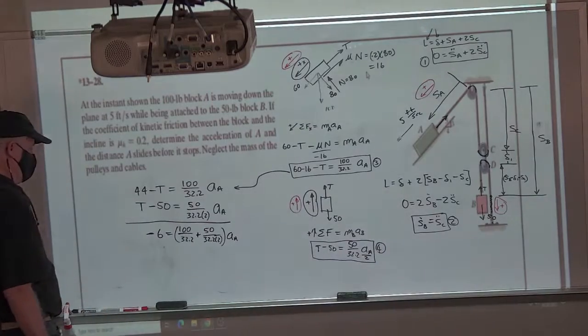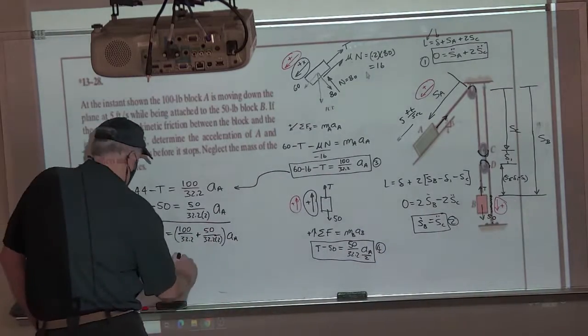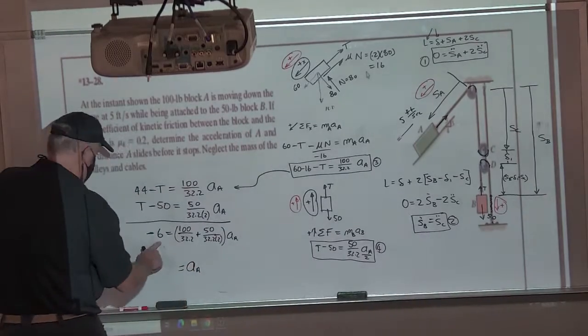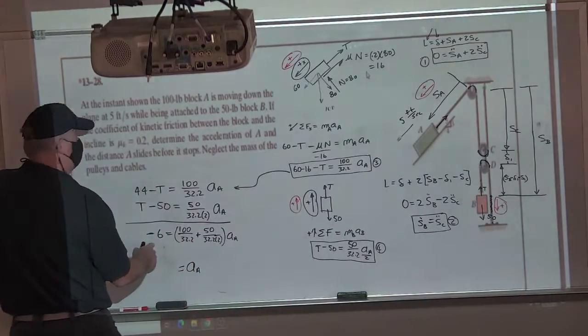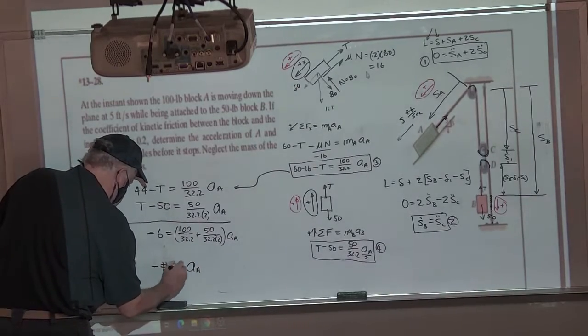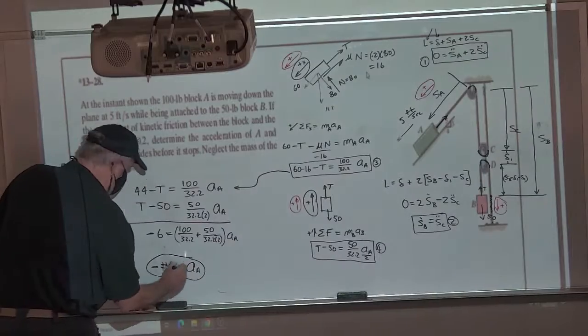So at this particular point, you could figure out a number for the acceleration of A. It's going to be a minus number. So I'm just going to say number. And I'll leave that to you to figure out.